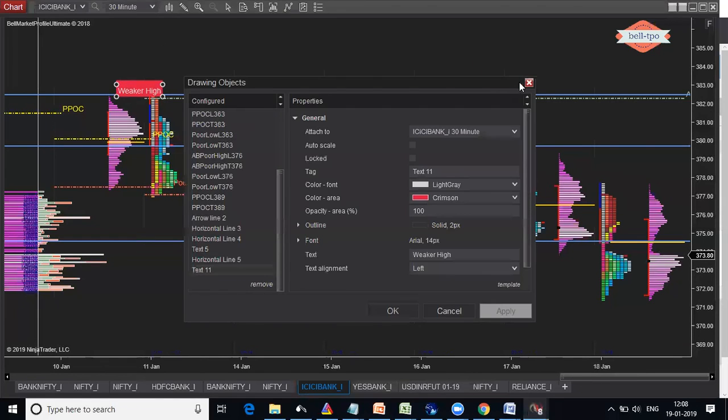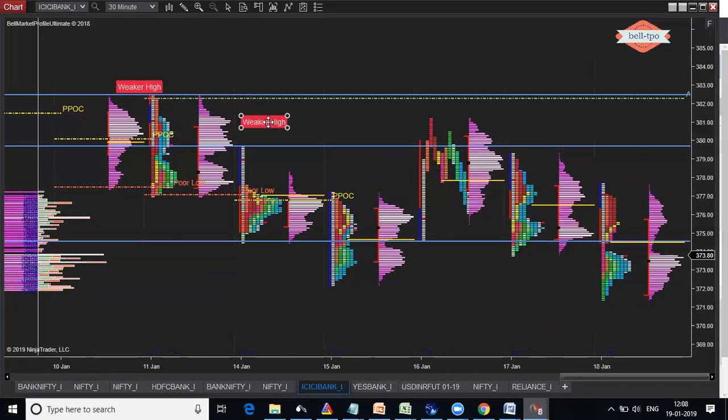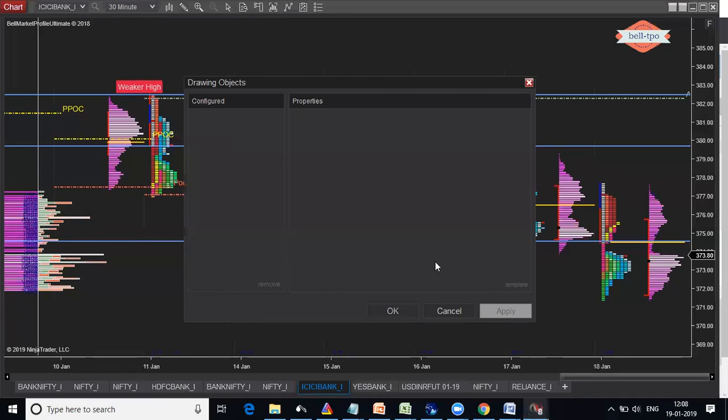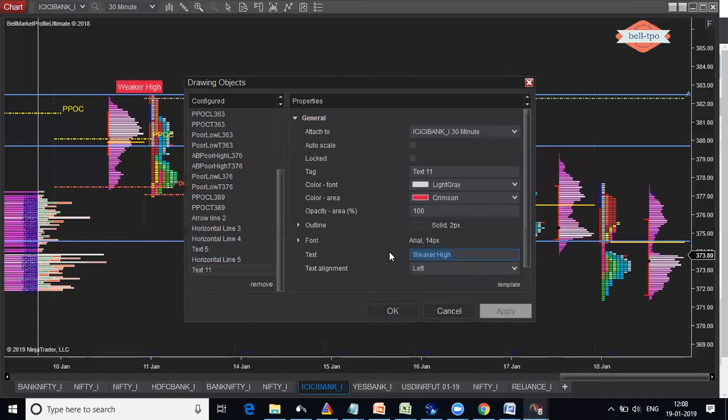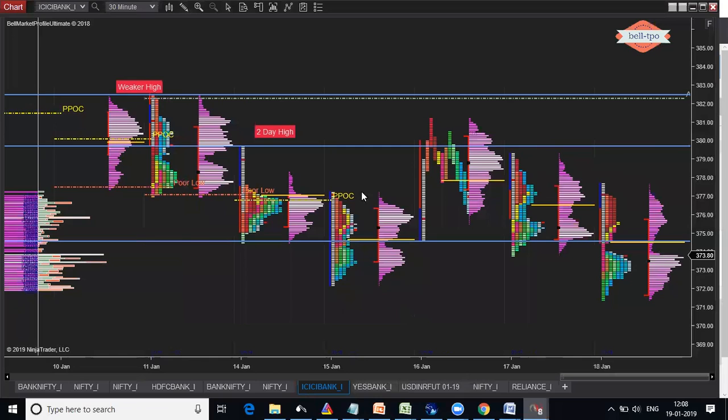So let me put that as a 2-day high. This is ICICI Bank. Price broke the 2-day high. But we anticipated a bigger ABC elongation, which hasn't come.